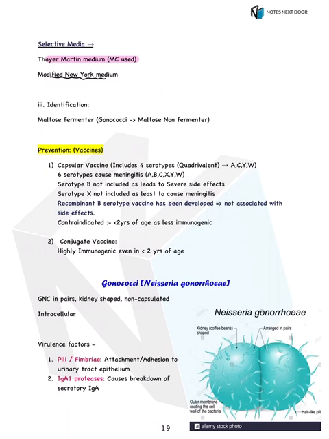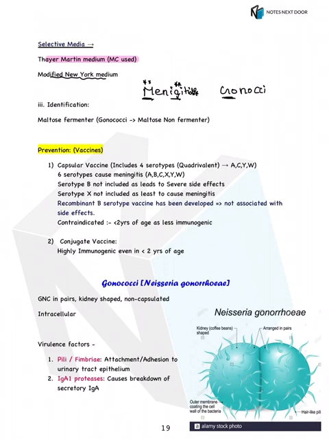Okay, now coming on to the identification. Okay, so meningococci and gonococci. Gonococci is just glucose fermenter, okay, and meningococci is both maltose as well as a glucose fermenter. How do you prevent it?